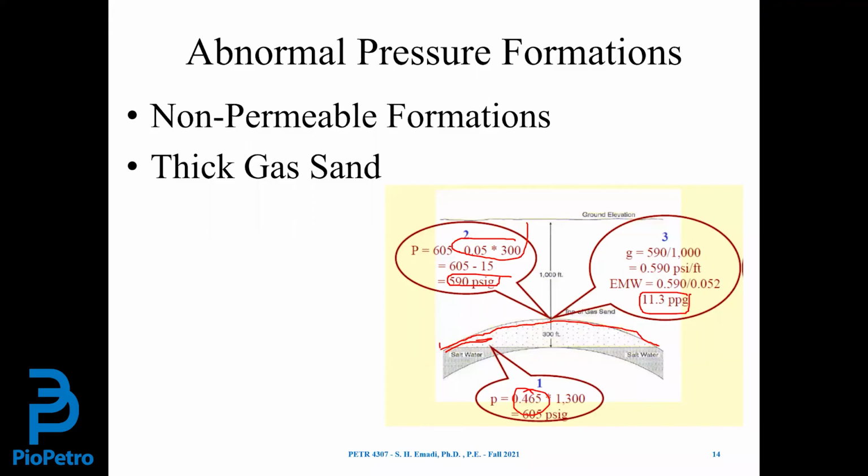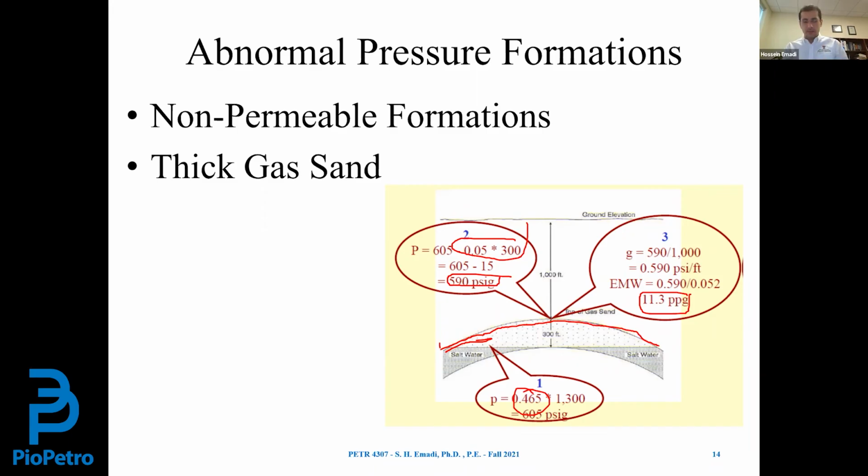Another question. Why, with all of these kick indicators, did the driller not take action to shut in the well quickly? Oh, you're talking about the Macondo. That's a very good question. We don't know exactly what happened, but probably the reason the blowout happened was the crew were not well trained, so they didn't know what actions they needed to take.